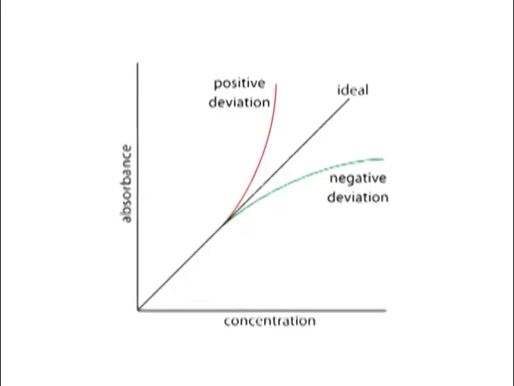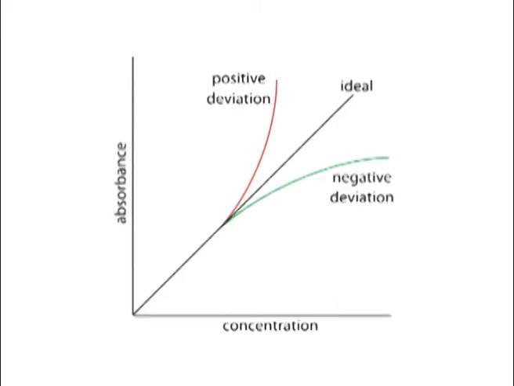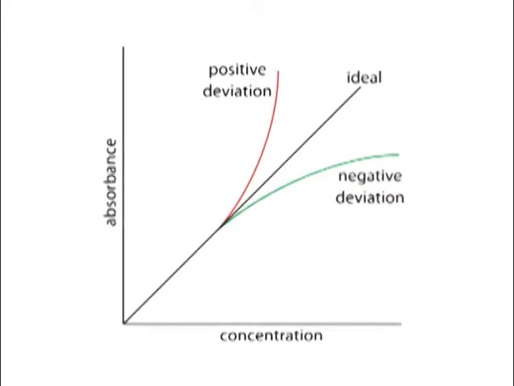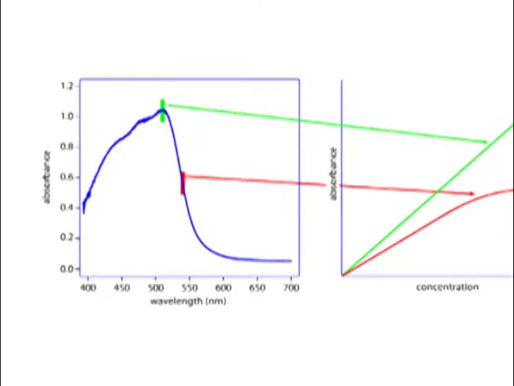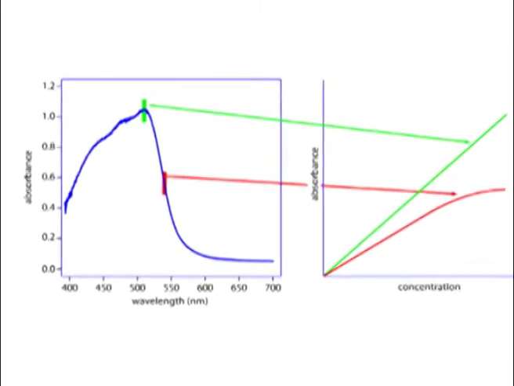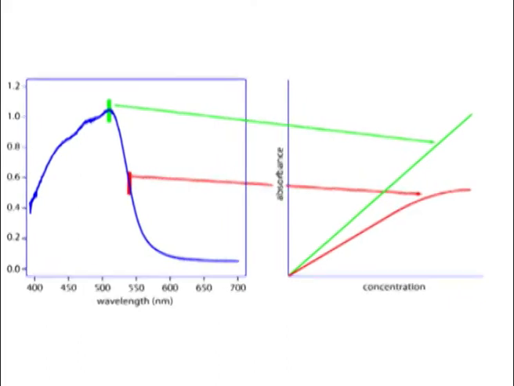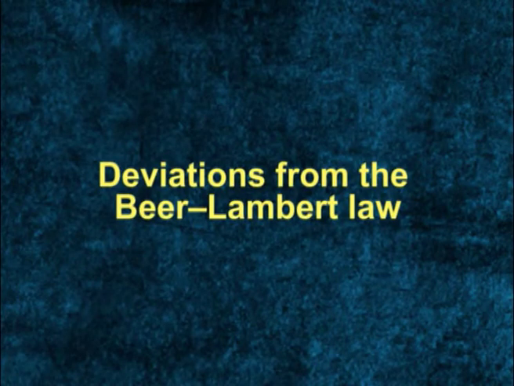Some of the deviations are inherent to the law, whereas others occur as a consequence of the manner in which the absorbance measurements are made, known as instrumental deviations, or as a result of chemical changes associated with concentration changes, which are known as chemical deviations.